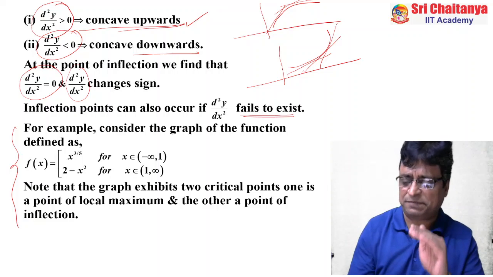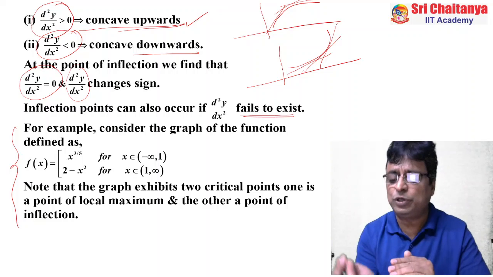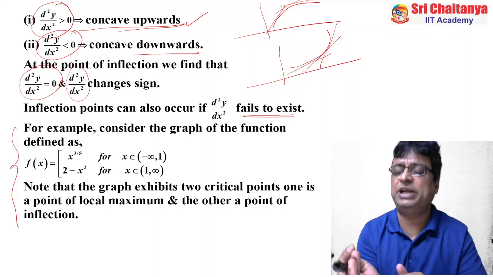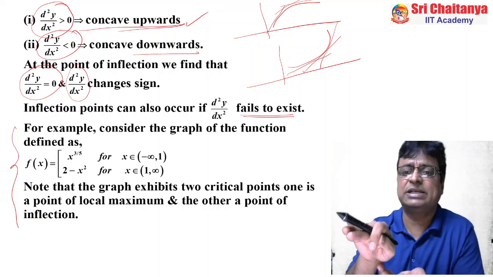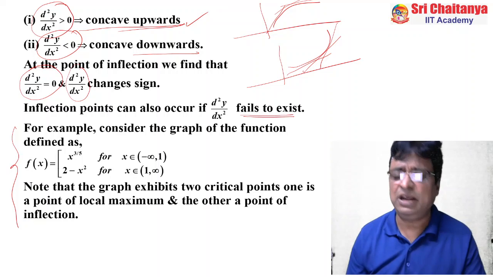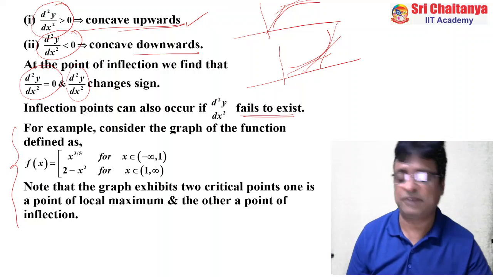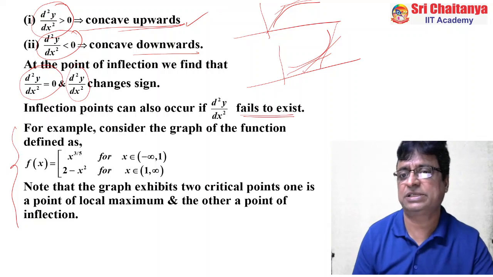Graphically this is the first fundamental point: whenever the curve changes from concave up to down, after crossing that point, the point is called a point of inflection, or from down to up, the point is called a point of inflection. So on paper, while solving problems, these are the conditions for testing or identifying points of inflection.